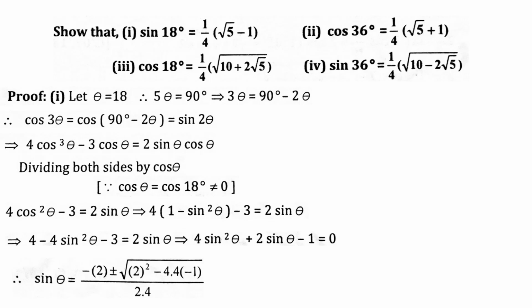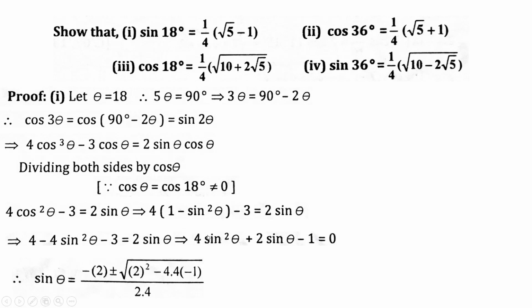Now you know the formula of solving quadratic equation, that is if ax square plus bx plus c equal to 0, value of x will be minus b plus minus root over b square minus 4ac by 2a.